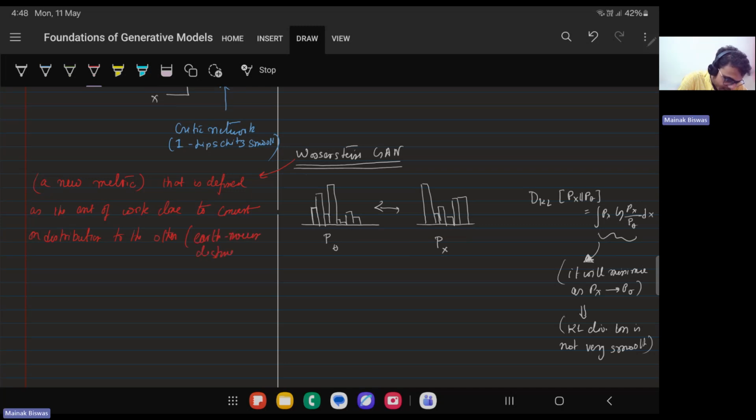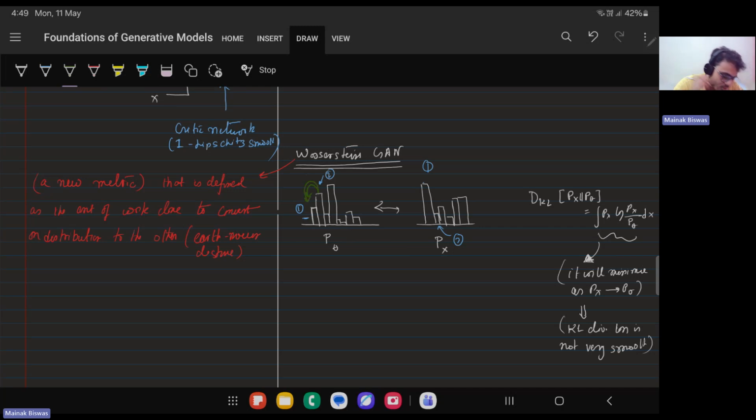It's like I have this bin structure. You can understand the binning structure over here. The first bin, bin 1, is tall in P theta and short in Px. Whereas bin 2 is very short in P theta where it is tall in Px. So to make bin 1 taller in Px, what I can do in P theta is put some mass from this bin 2 into bin 1.